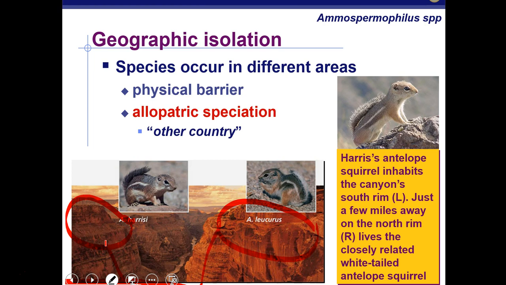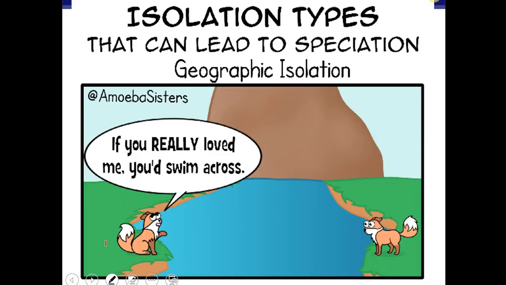So they have become two separate species because of geographic isolation, and given enough time, they could change their behaviors as well and look more different. All right, so again, geographic isolation, you got a big old piece of earth in your way.